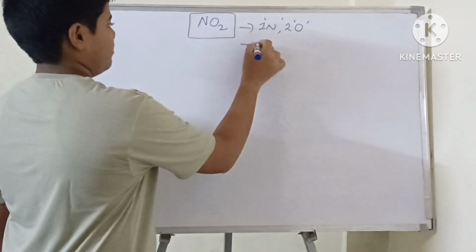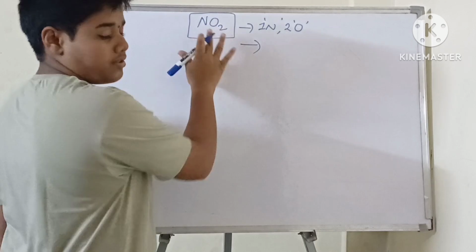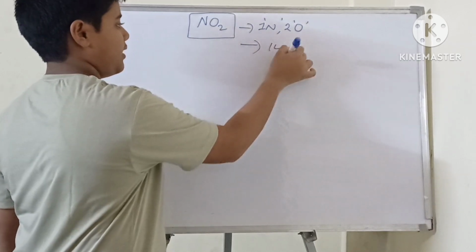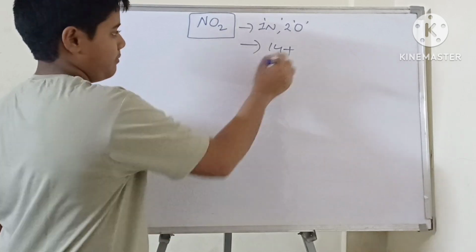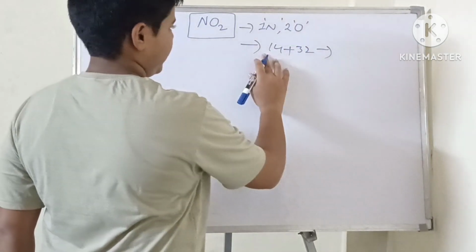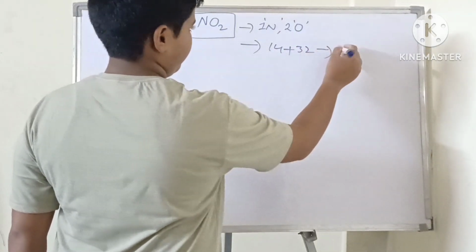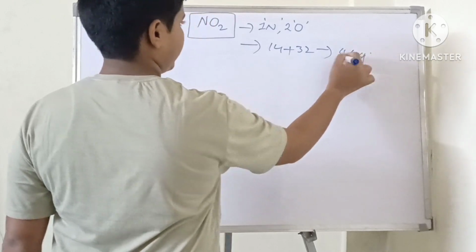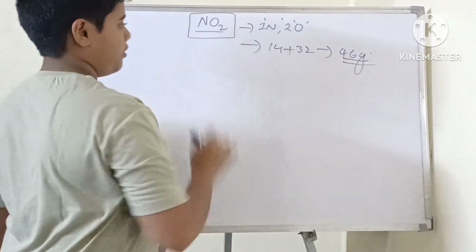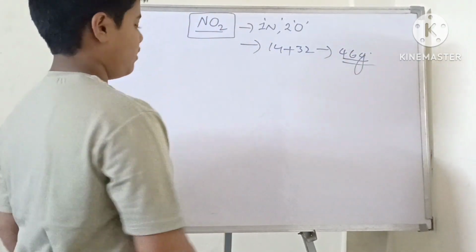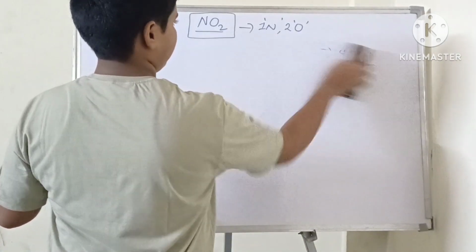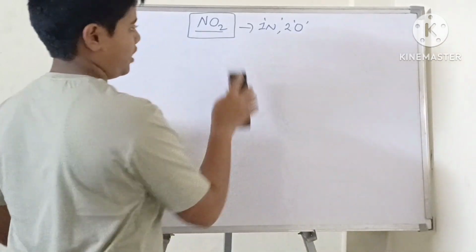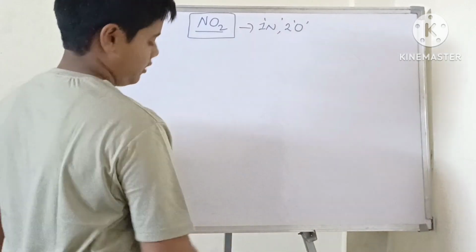Nitrogen weight is 14 plus oxygen weight, and O2 means 16 plus 16, 32. So 14 plus 32 is 46. So in this compound, 46 grams is the weight of this molecule or compound.